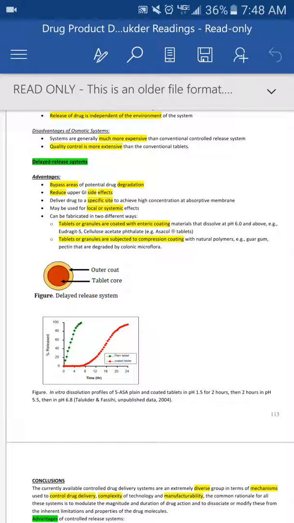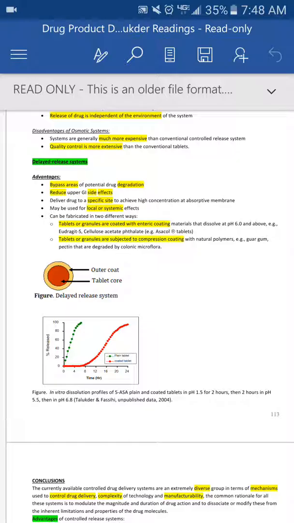Tablets or granules are subjected to compression coating. So you can use compression coating in order to, I guess you could say, enterically coat it that way. But the enteric coating is to protect against the GI. Really, it's the main thing it's for.